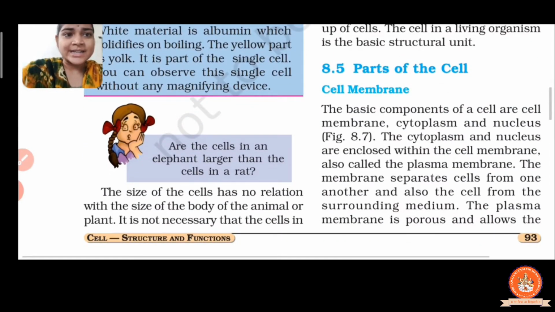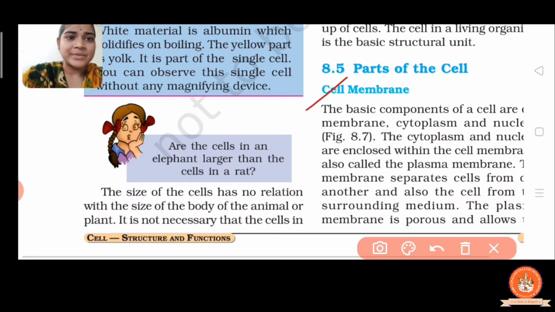Now let us start the parts of the cell. In this section we will discuss each component of the cell in detail. The first one is the cell membrane.